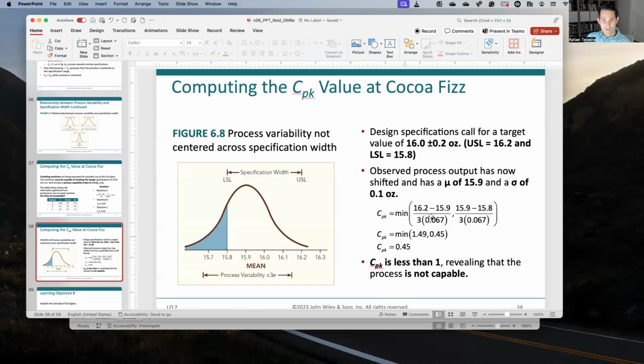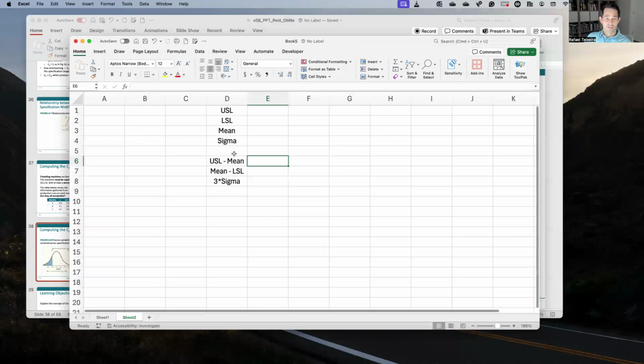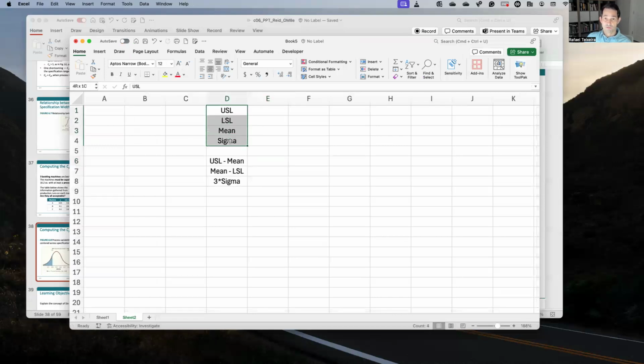Okay, so let's do it. This is the application, but I want to show it in Excel. You see that there are two numbers here. So the information we have, I just enter here. The upper specification limit is 16.2 ounces. The lower specification limit is 15.8 ounces. The mean for this machine is 15.9 ounces, and the standard deviation is 0.1.